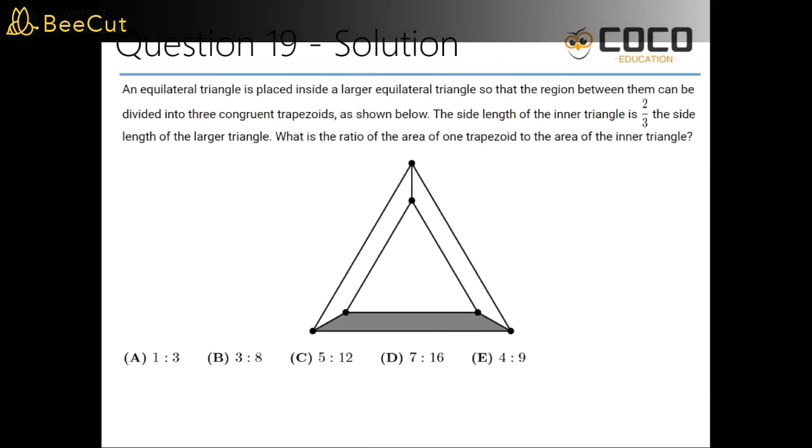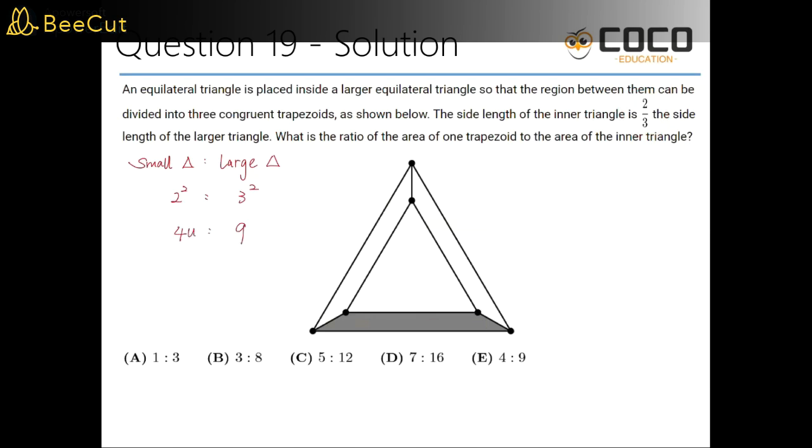Question 19, you can see that the small triangle and the large triangle are similar to each other. So let's find the area ratio. They give us the side ratio. The side ratio is 2 to 3. So the area ratio equals the square of the side ratio. It's 4 to 9.